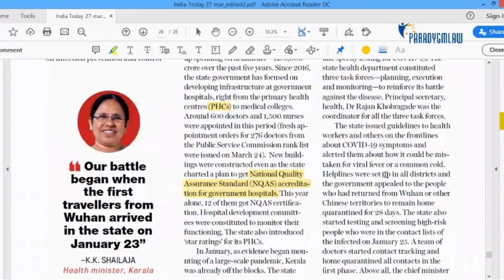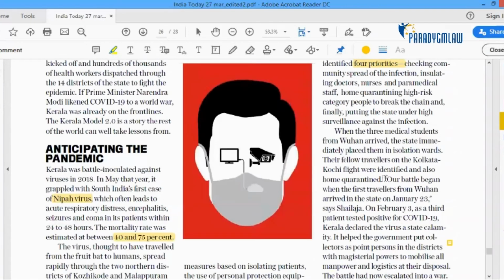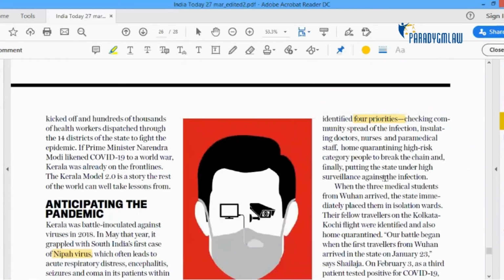Now, here we have this paragraph starting with how the state of Kerala had identified four priorities. So, I would say kindly focus on this. We have four priorities here.